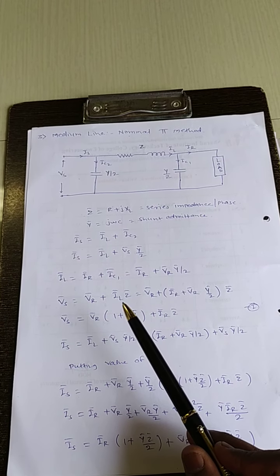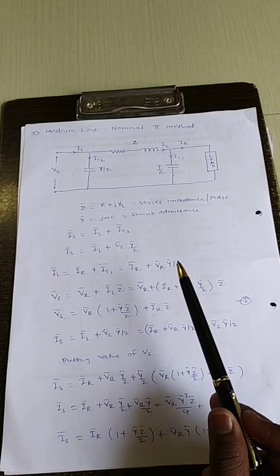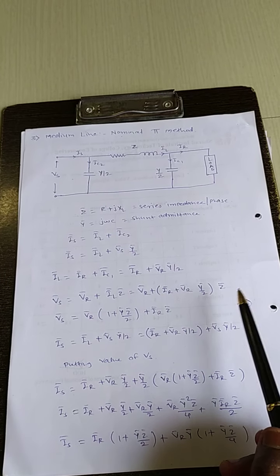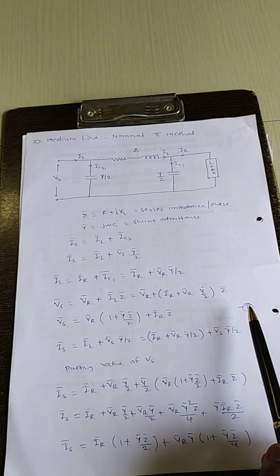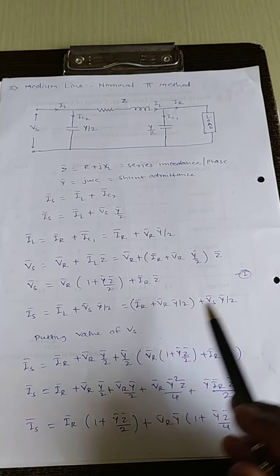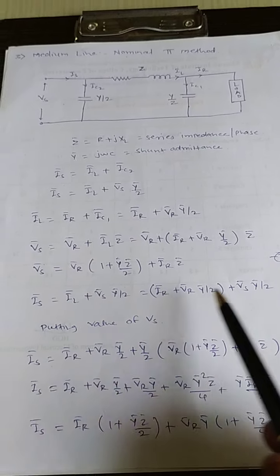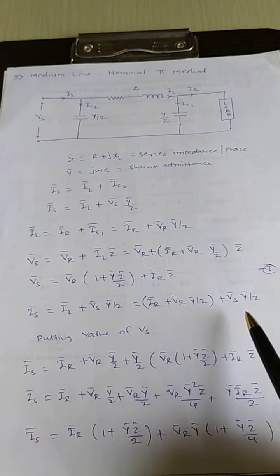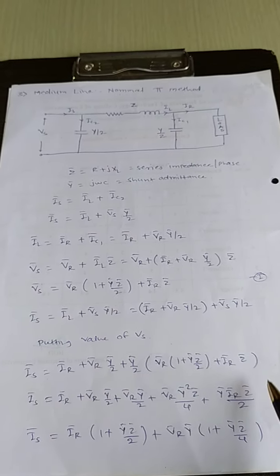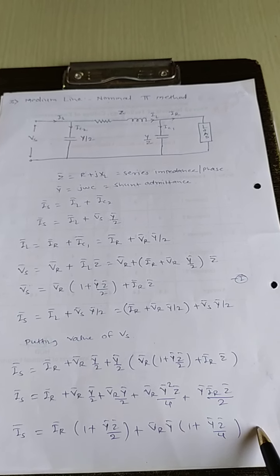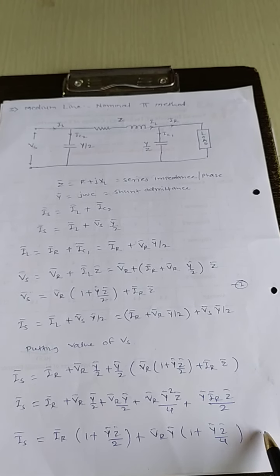From that, we put the value of the IL current into this equation and we get the first equation. Then we find the sending end current, that is, vector IL plus vector Vs into Y by 2. Put the values of IL and Vs, and we get the sending end current. This is the final sending end current equation.